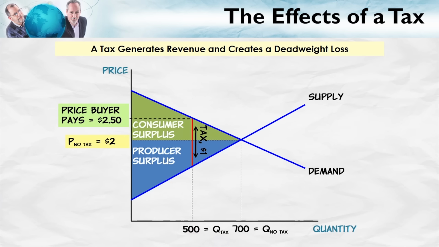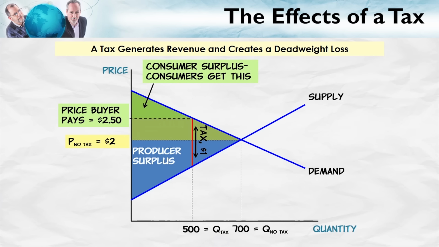So the consumer surplus with the tax is this smaller green area here. Again, it's the area above the buyer's price up to the quantity exchanged and below the demand. The definition hasn't changed, but because of the tax, the price to the buyer changes and the quantity exchanged changes, so the consumer surplus changes as well.